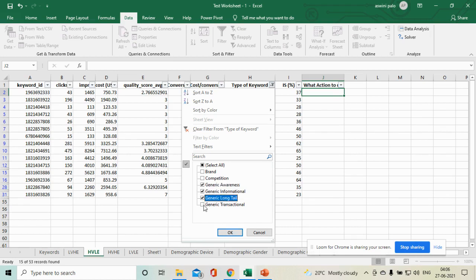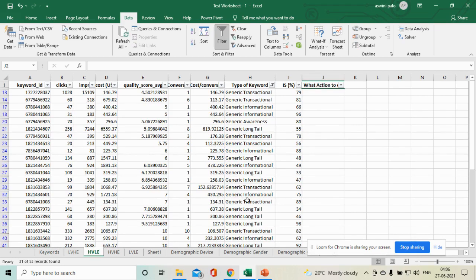Now coming to generic, what is happening here? You can see here the generics, few are giving you good conversions and few are not giving you good conversions. Somewhere the costs are going up way above $150, whereas few are actually doing well, they are below the target number.